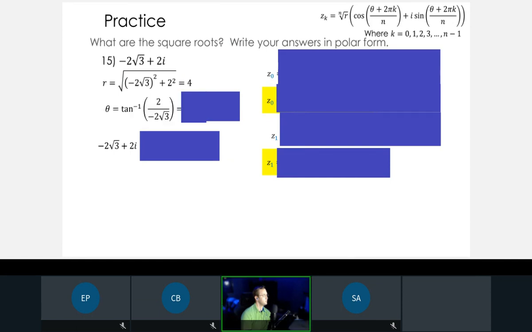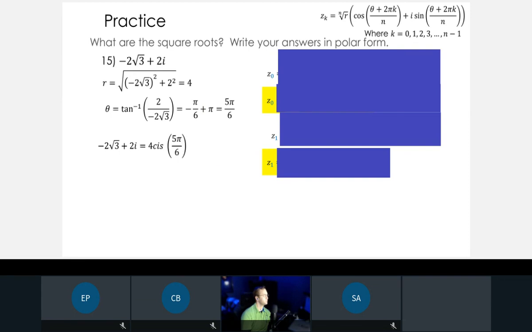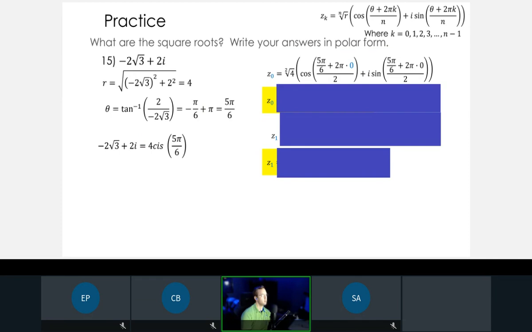So here's the work to convert rectangular into polar. That one just has a correction for quadrant, from quadrant 4 to quadrant 2, it looks like. Then here is the setup.